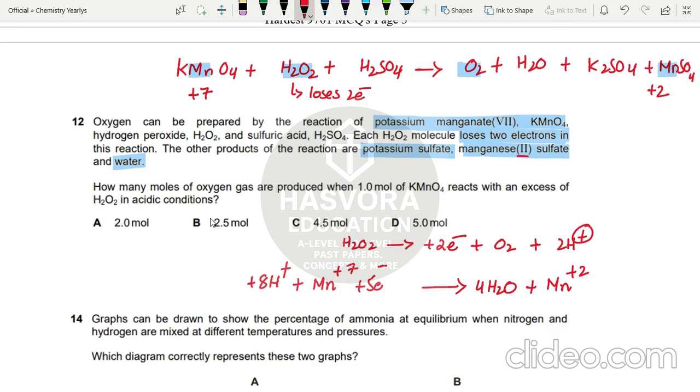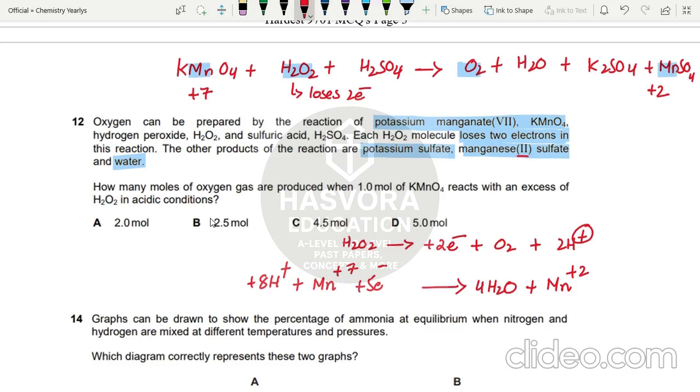Okay, so now first of all what we will be doing is that we know that the Mn is actually +7, but the MnO4, it is actually minus.